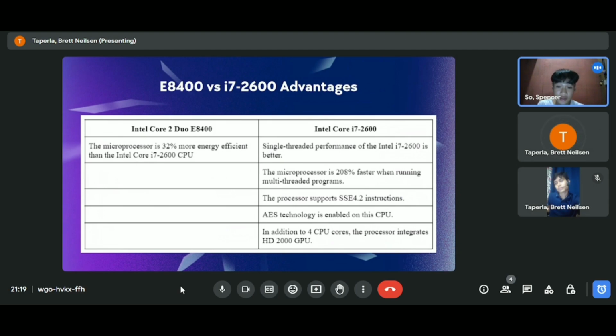Also the microprocessor is 208% faster when running multi-threaded programs. The processor also supports SSE 4.2 instructions, and the technology is enabled on this CPU. In addition to 4 CPU cores, the processor integrates an HD 2000 GPU.